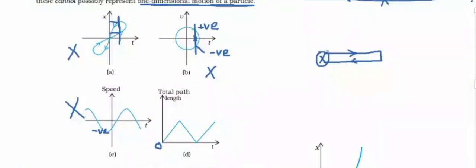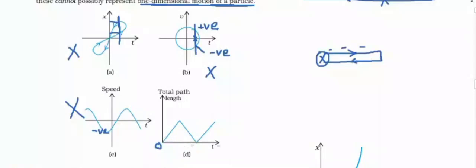But is it possible to say its path length becomes 0? Never. Path length always increases, even though the object returns back. Length of the path traveled by the object increases only. Only its displacement can be 0. But here the graph shows that the path length increases, then path length becomes 0. That's not possible.